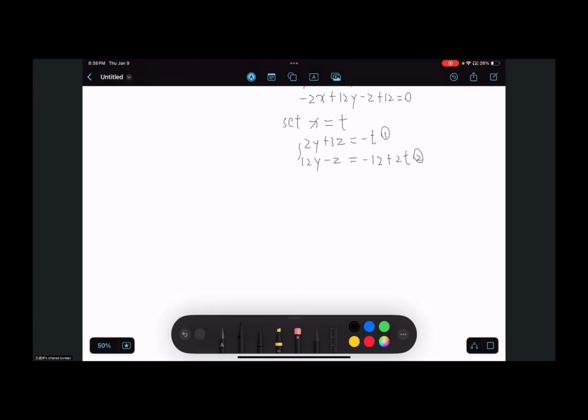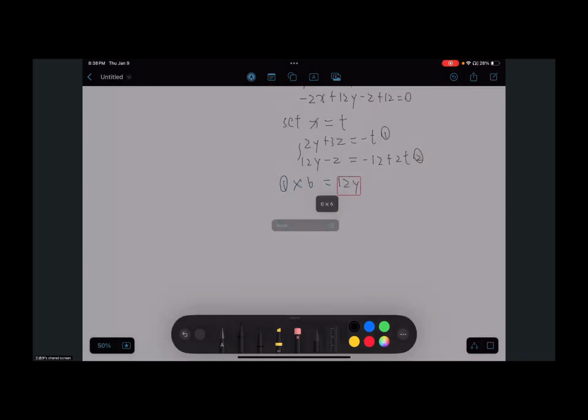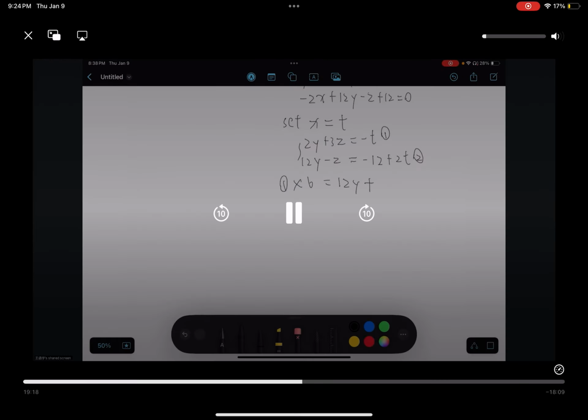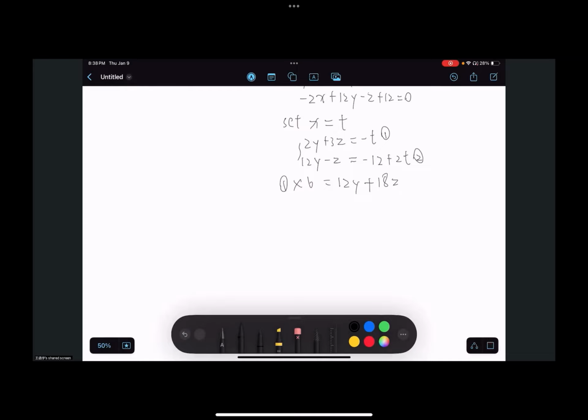So let's use 1 minus 6 equals 12y plus 18z equals negative 6t, and we use 1 minus 2.